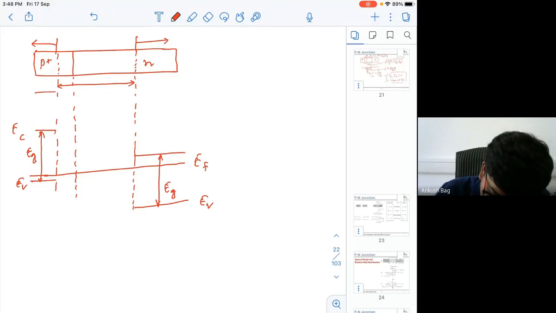This is another parameter which we will once again see in the case of the metal semiconductor junction, that means the next module. Since this is the same material, the affinity in the P side will be exactly equal to the affinity in the N side, in the neutral region. So this is the thing, and now we need to connect this, because what will be the behavior in this space charge region, where we have this electric field.